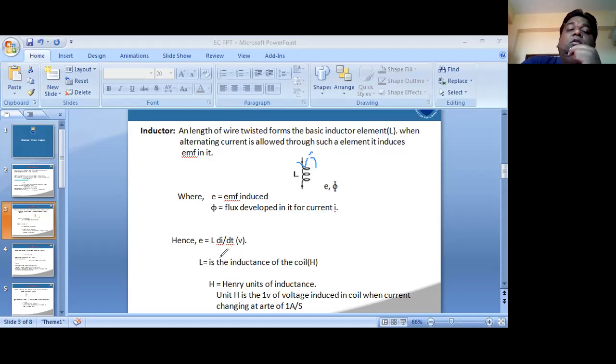Now the equation E = L di/dt is the expression for the EMF induced in the inductor. From this expression, let us define the inductance of the inductor.